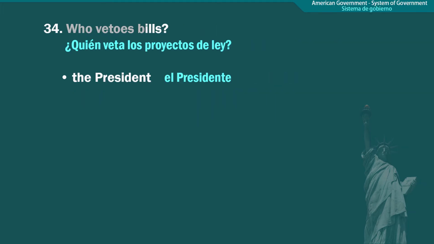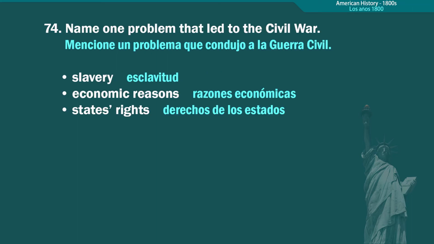Who vetoes bills? The President. Name one problem that led to the Civil War. Slavery. Economic reasons. States' rights.